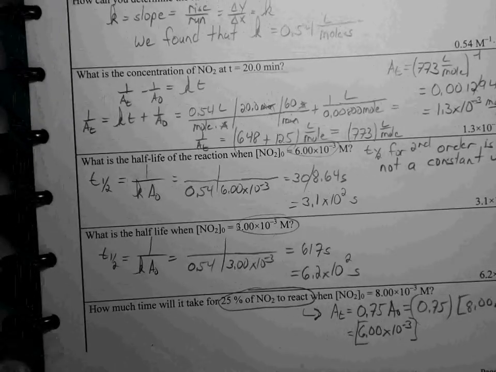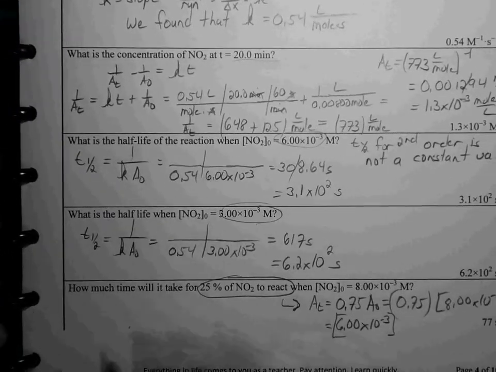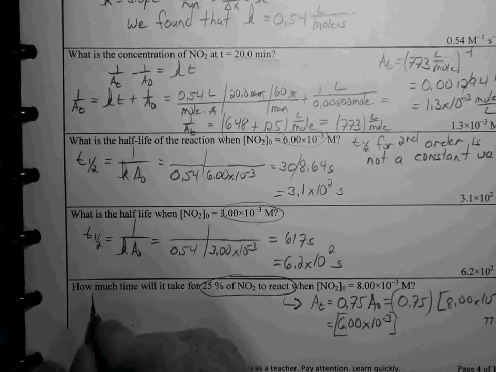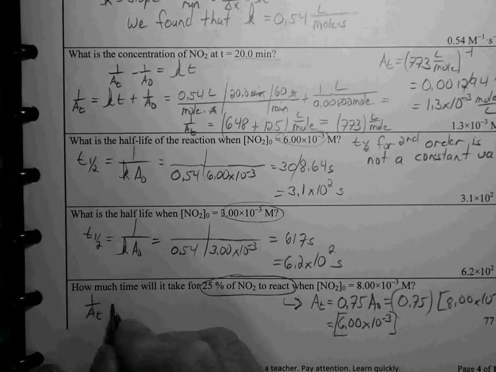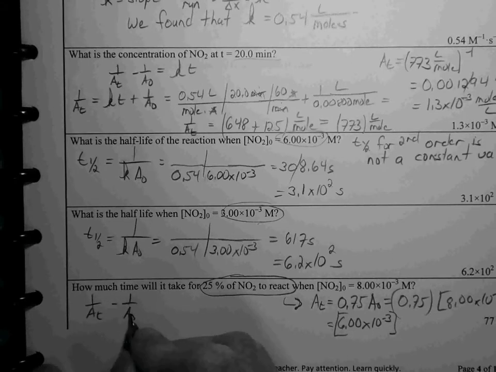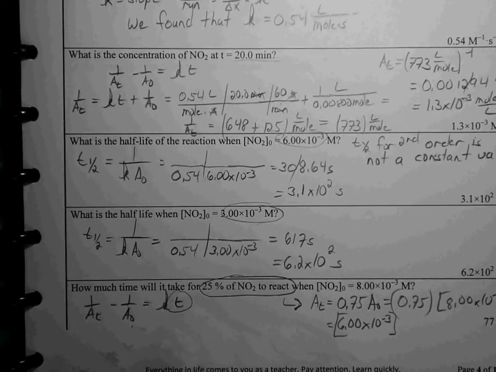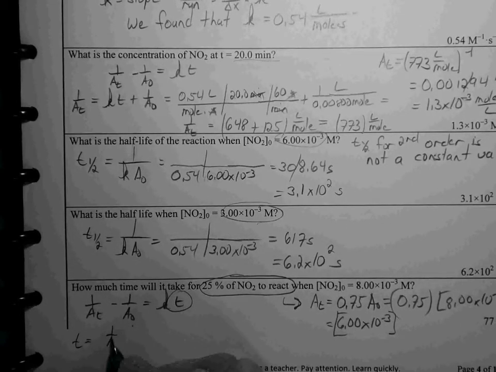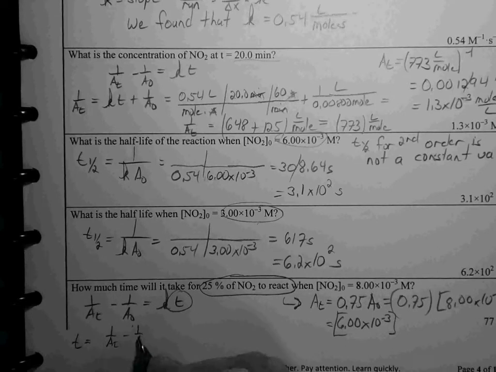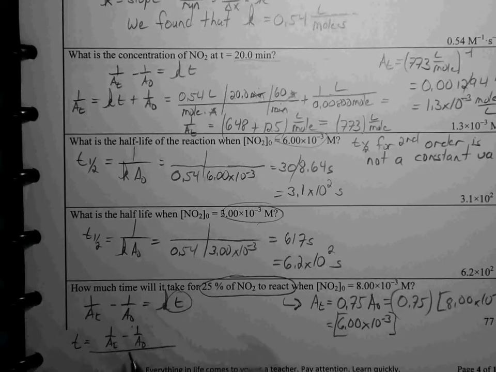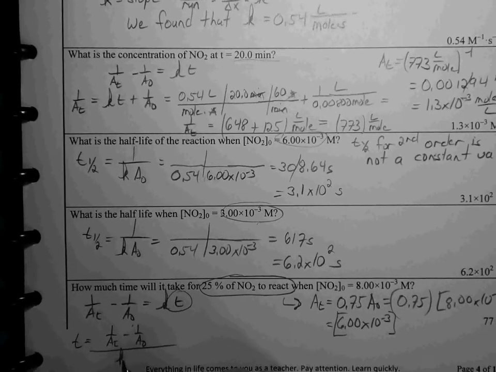Alright, so our second order integrated rate law: 1 over [A]t minus 1 over [A]0 is equal to kt. We're going to solve for t. t is then going to be equal to 1 over [A]t minus 1 over [A]0, and that whole thing over k.